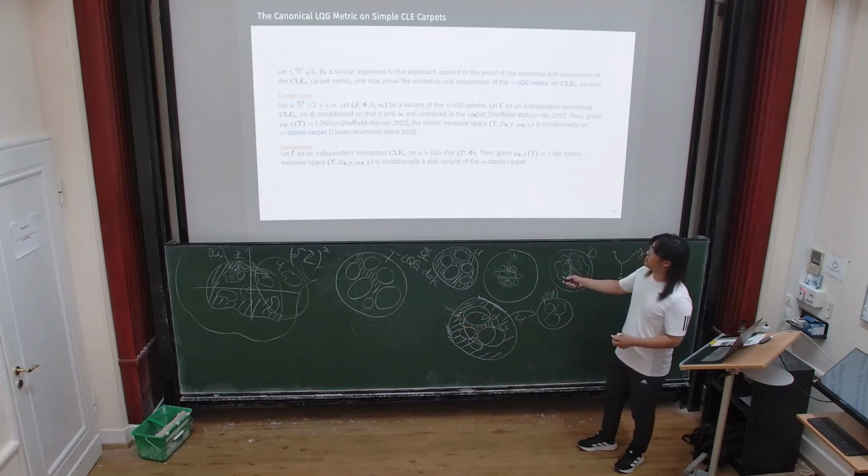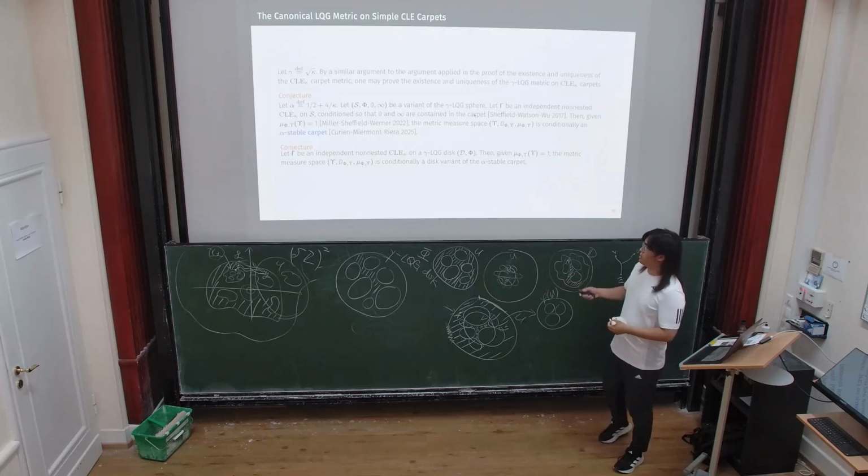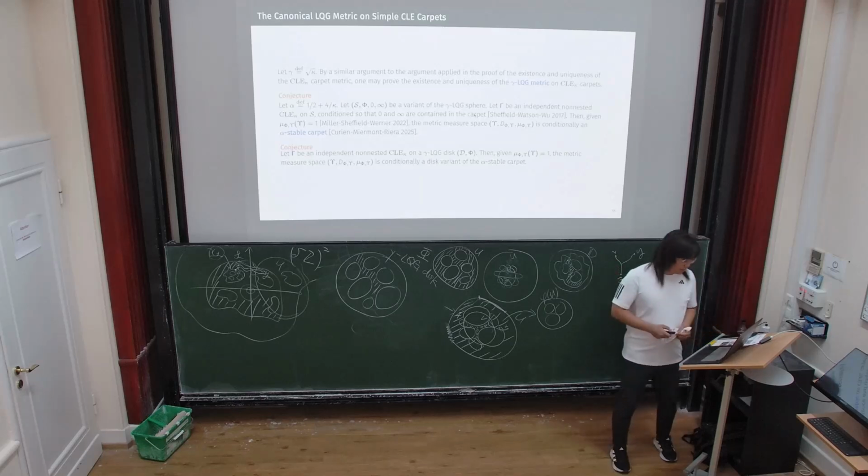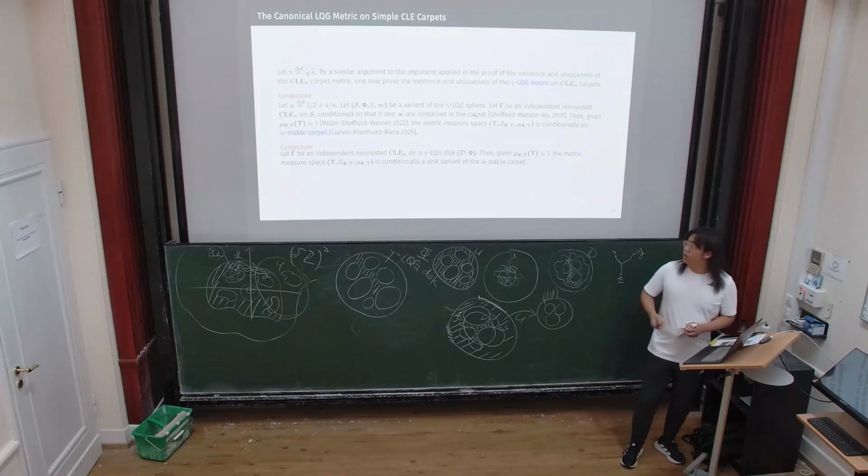then this metric measure space, so this carpet equipped with a metric, and also equipped with this measure, is a disk variant of something called the alpha stable carpet. This is constructed in the paper by Ivan, Korean, and Rivera.